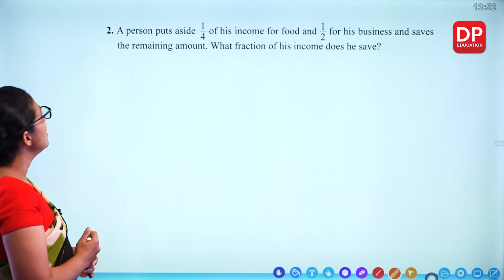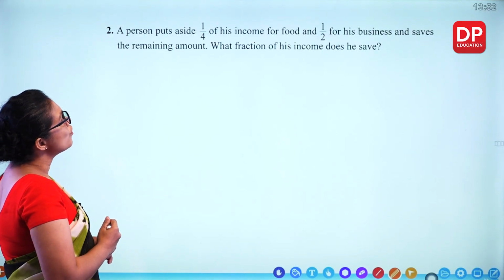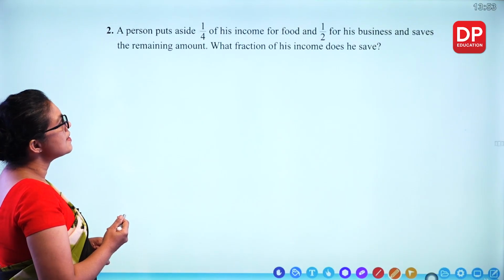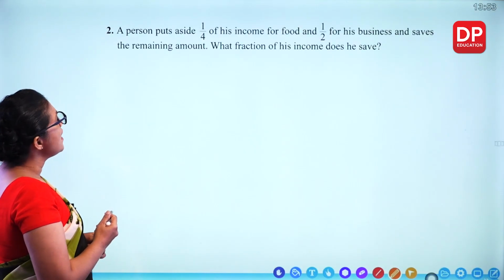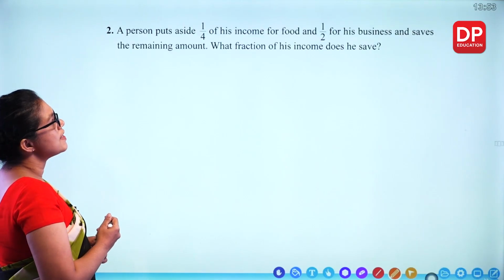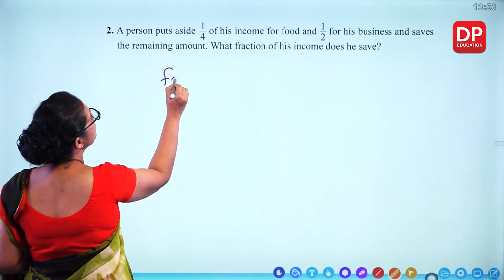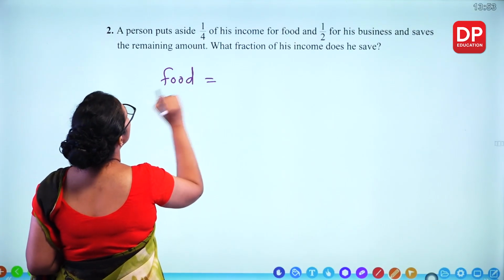Question number 2. A person puts aside 1/4 of his income for food and half for his business and saves the remaining amount. What fraction of his income does he save? So for food, 1/4.